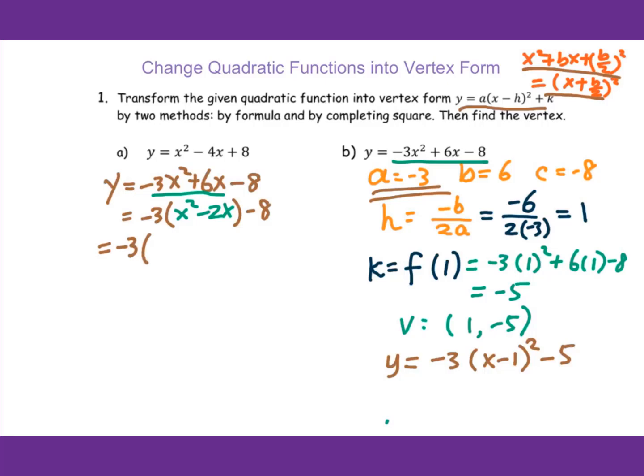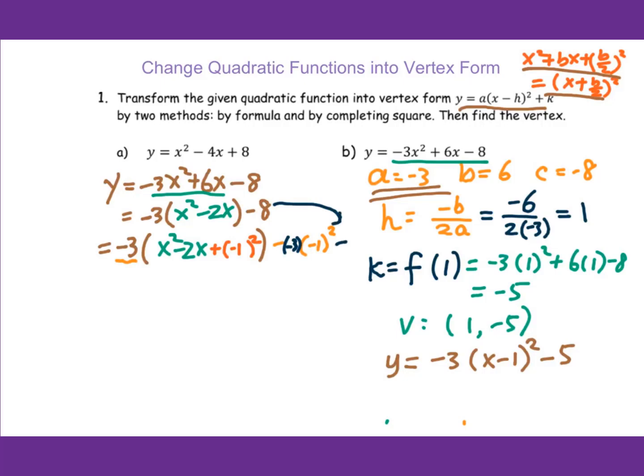You will get negative 3. We do completing the square. x squared minus 2x. So add b over 2 squared, that's negative 1 squared. Since you add negative 1 squared, you have to subtract negative 1 squared. You have the factor negative 3, so I put the negative 3 here.